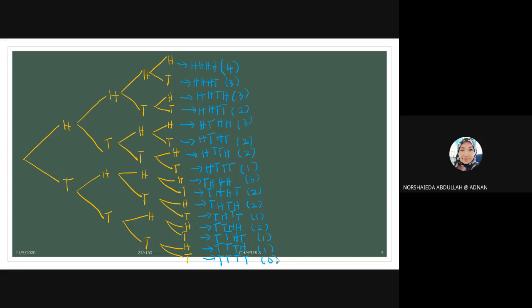So we have 5 possible values of the number of head: x0, x1, x2, x3 and x4. The total number of outcomes here is 16 possible outcomes.